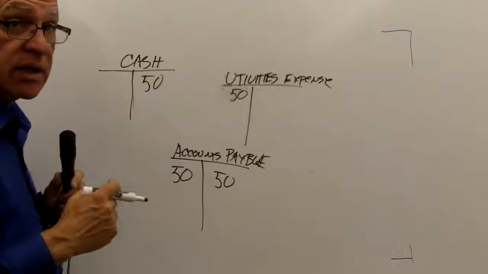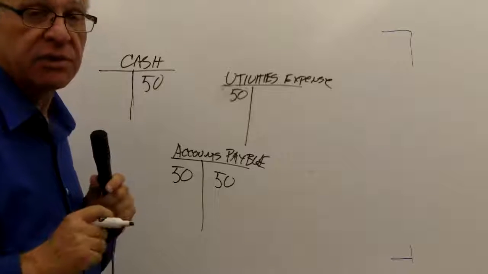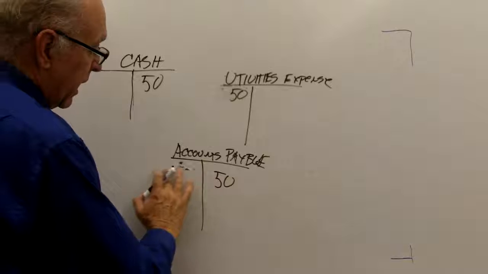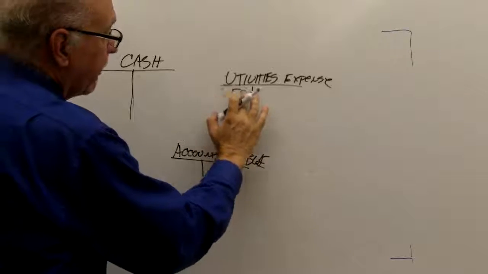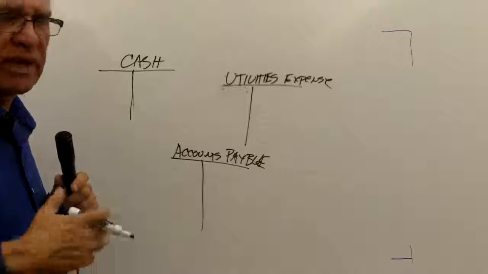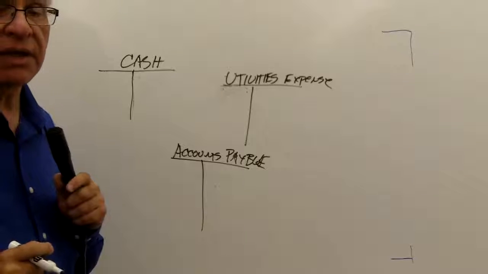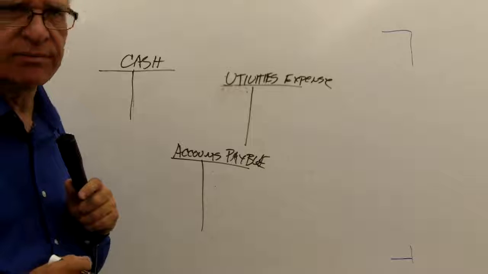Let's take a look, however, when cash goes out before we incur the expense. And in that case, we'll imagine that the utility company, in providing the special service that they're going to charge us $50 for, has actually asked for us to pay for that service in advance.